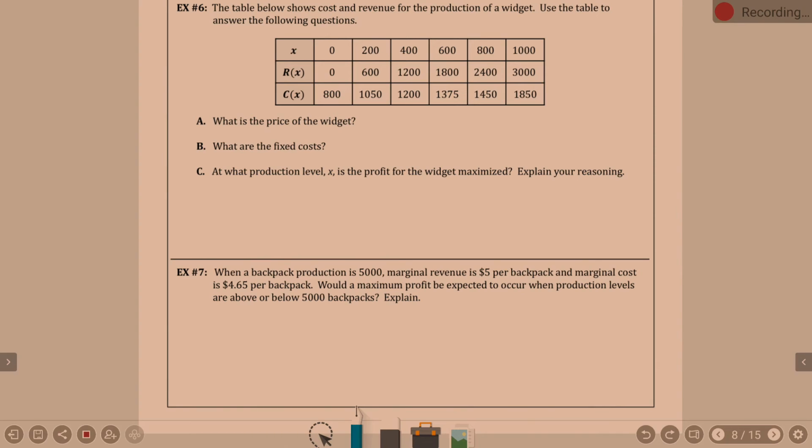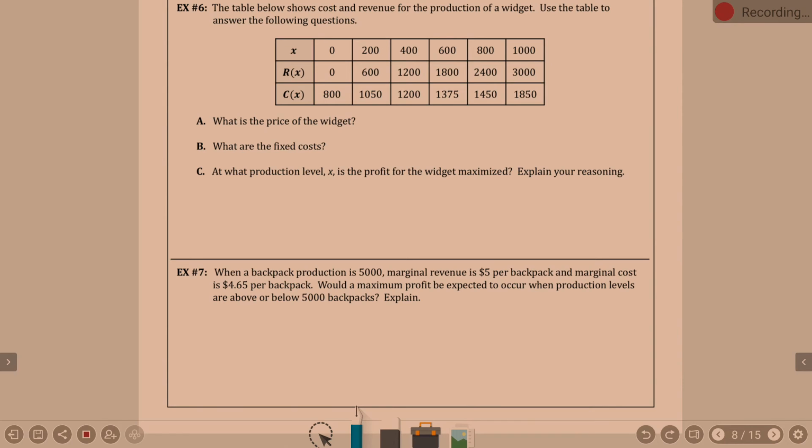R of X equals 3X. I'm not trying to write an equation, I just want to know what's the price of a widget. $3. Why is it 3? 600 divided by 200. 1,200 divided by 400, or 1,800 divided by 600, or 2,400 divided by 800, or 3,000 divided by 1,000.